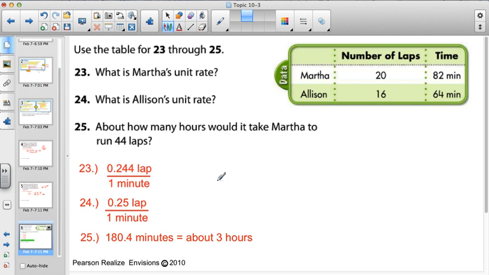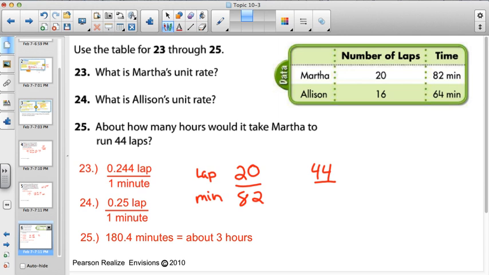The easiest way of doing this is to say, we're going to do 20 laps in 82 minutes, and we want to figure out how much time it will take to go 44 laps, because this is laps and this is minutes.